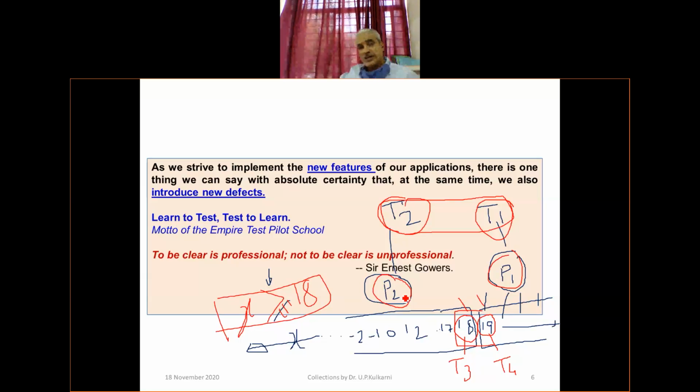So what is the objective of test case T1? What is the objective of test case T2? This is the concept of learn to test that I was sharing with you. And we have introduced 2 strategies: one is equivalence partitioning, the other is boundary value analysis.